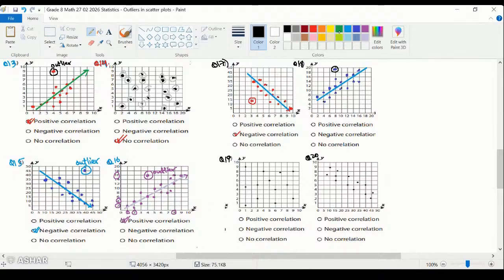Some students may have drawn it like this, but this is not passing through the maximum number of points. So we need to consider both scenarios, passing through the maximum number of points and passing in between. What is the trend over here? It is increasing. That means it's a positive trend.